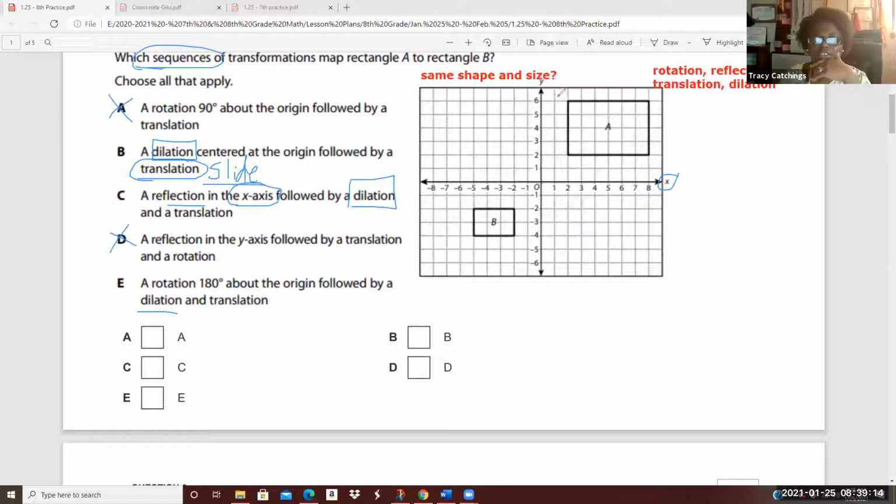Got your quadrants? The quadrants, if you don't know them still. Go counterclockwise. 1, 2, 3, 4. All right, so look at where A is. A is in quadrant 1. If I reflect that over this axis, meaning if I was to fold over this x-axis, what quadrant should A be in?